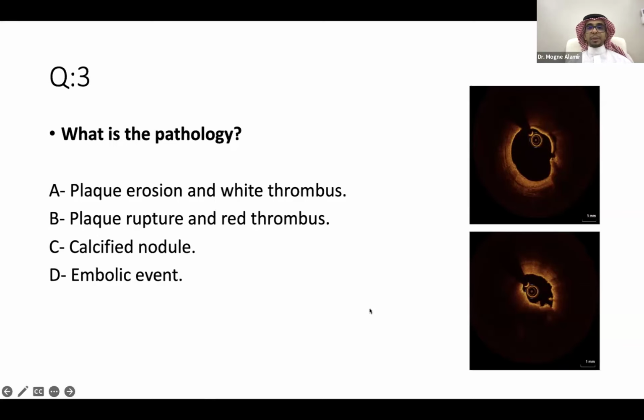Okay. So now we have 5 of the audience, and we have a split between erosion and rupture. So any of those who chose A, can you explain to us why you chose A? And then also from B, anyone?